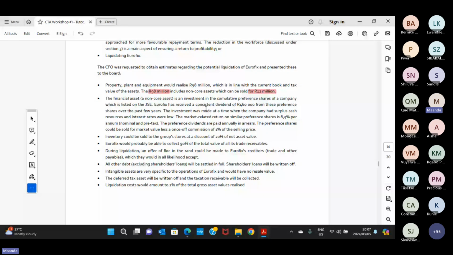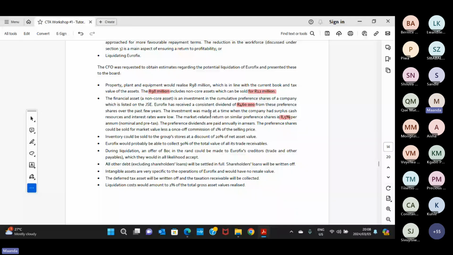We are told that this is 480, and the market return here is 8.5% nominal and pre-tax. So if you divide this by this, you get the value of the preference shares if we're selling them off.